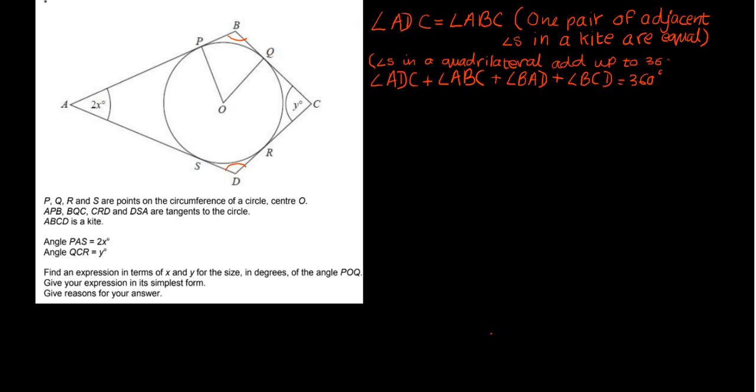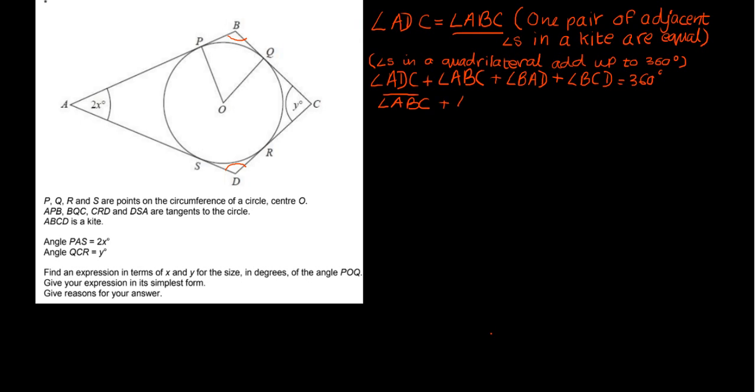Because it wants all the reasons, we have to give them. So ADC and ABC are the same, so I'm going to use ABC. I'm going to substitute ADC with ABC here, plus another angle ABC.